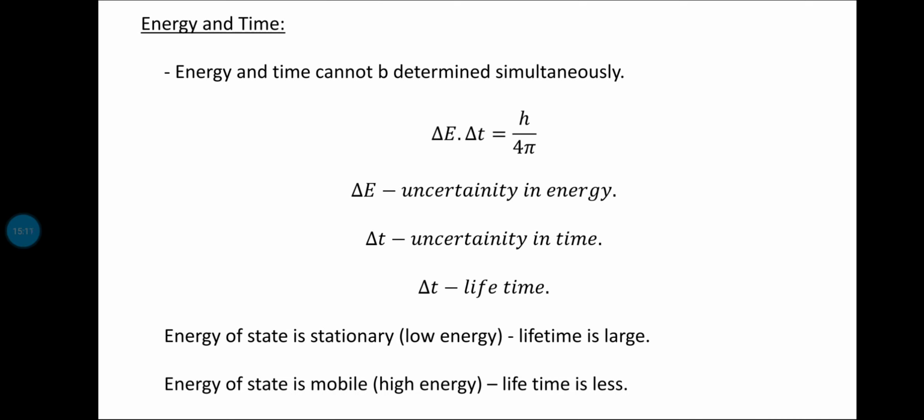Therefore, I can say that if the energy of a state is stationary, its energy is fixed, and therefore the lifetime of that particular stationary state will have a larger value. Suppose the energy of the state is mobile, mobile means it is not fixed, it is going on changing, it is not stable. Therefore, it will have higher energy. Higher energy means less stable, therefore, lifetime is less.